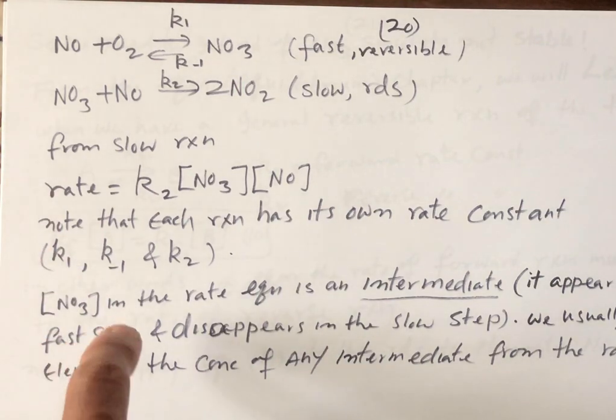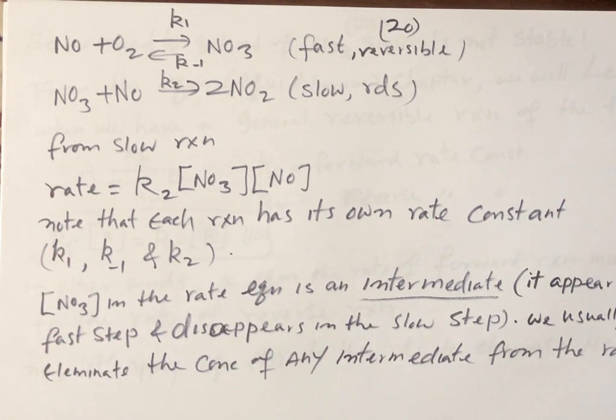Okay, now those kinds of components are called intermediates. So NO3 in this rate equation is identified as an intermediate. An intermediate appears in the fast step, disappears in the slow step. Okay? Now, as a general rule, we don't like to deal with intermediates because usually they have unknown concentrations.